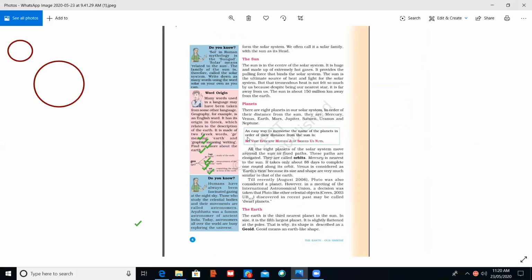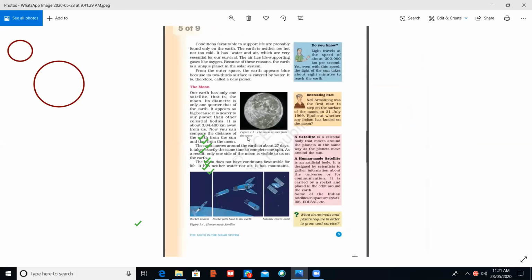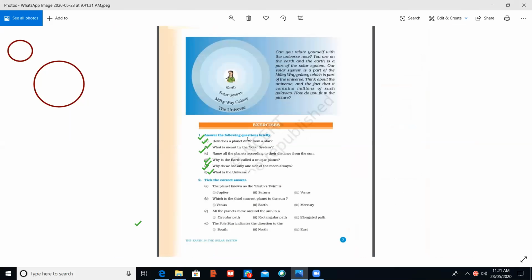Which planet is known as the Earth's twin? Venus. Why? Because its shape and its size appear similar to that of the Earth. Now, which is the third nearest planet to the Sun? Earth. All planets move around the Sun in a circular path.